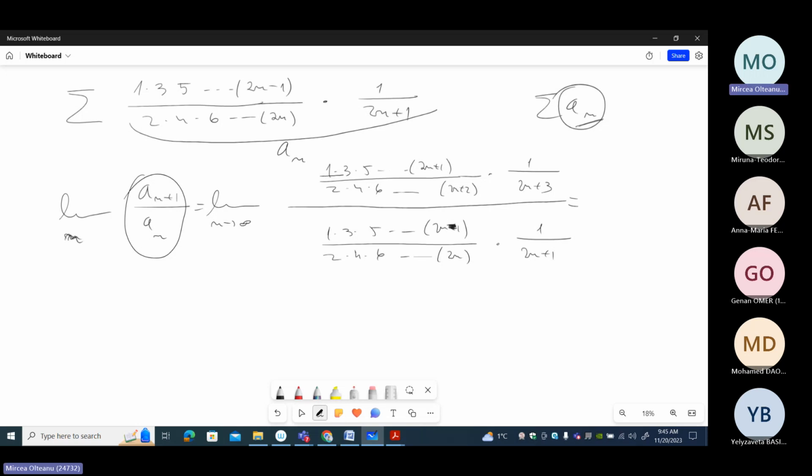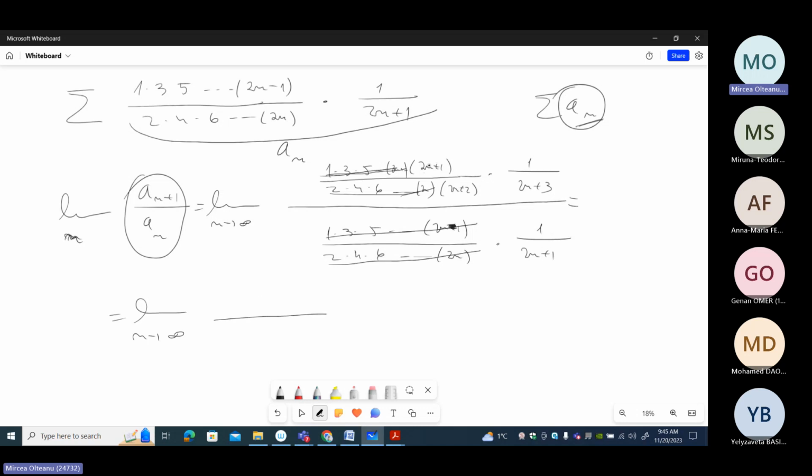Obviously, we can simplify like this. Before 2n plus 1, we have here 2n minus 1. So this will be simplified by this one. Again, here we have this one and this one, because before 2n plus 2, it is 2n. So the result of these simplifications, finally, it is the following.